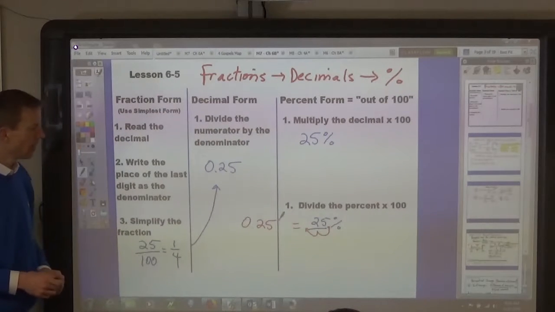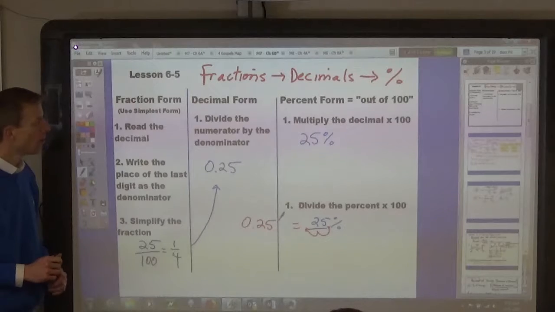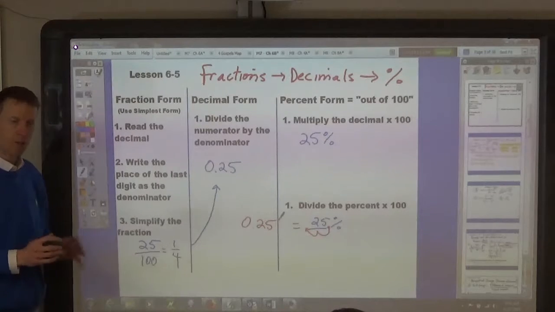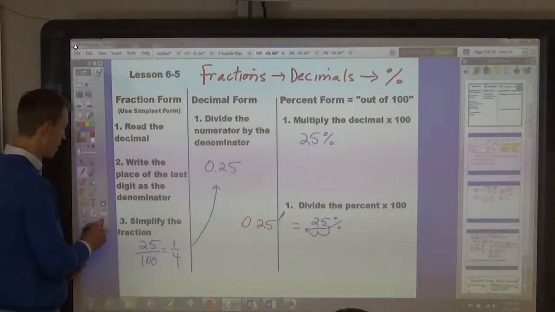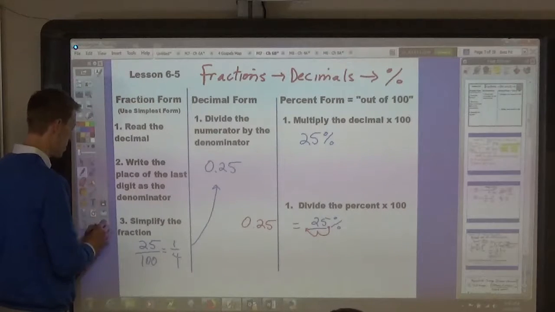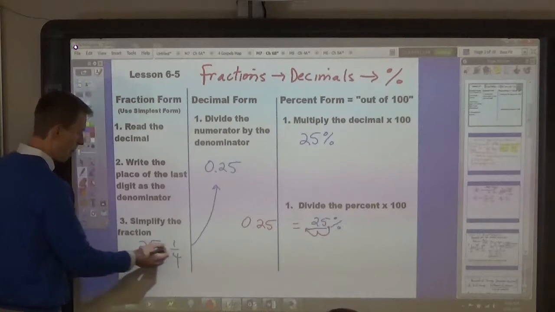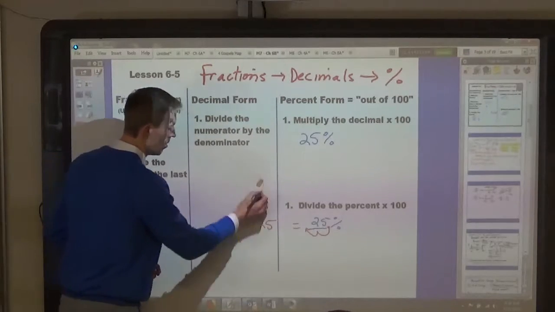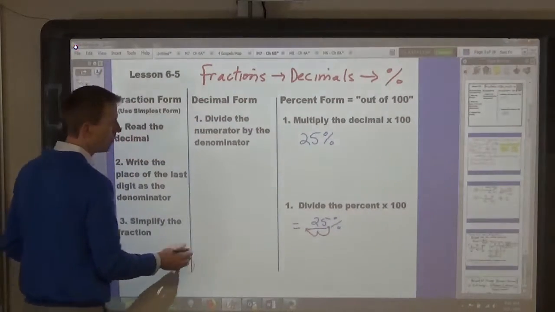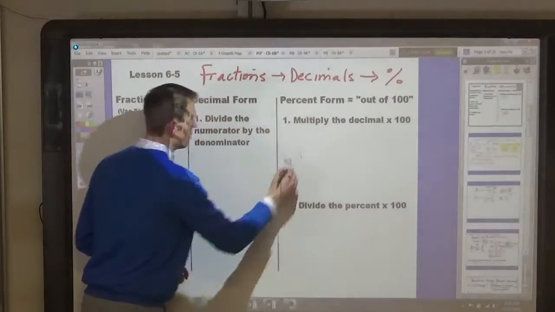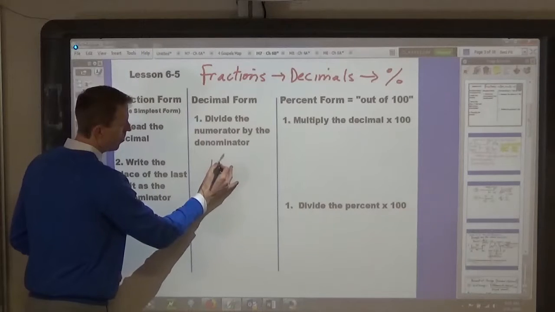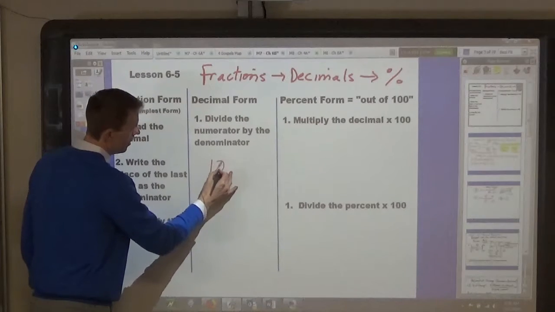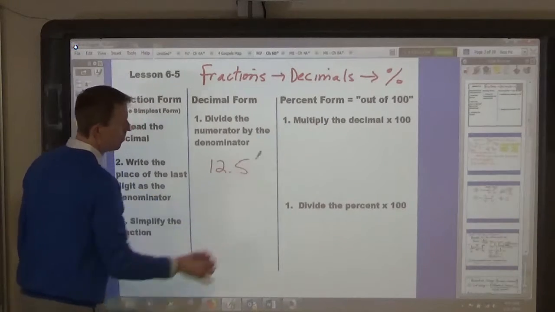So that's not complicated. Now, let's talk about some ones that are maybe a little more complicated. Like, what if we have mixed numbers? So what if we have a decimal like this? Let's see, 12.5.